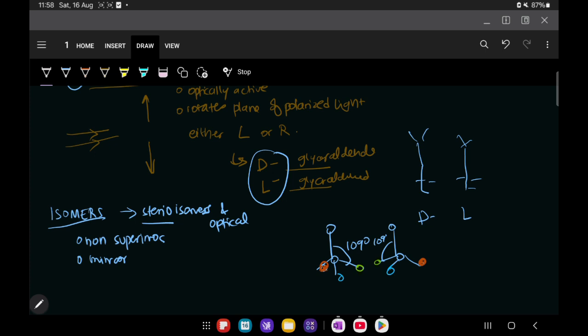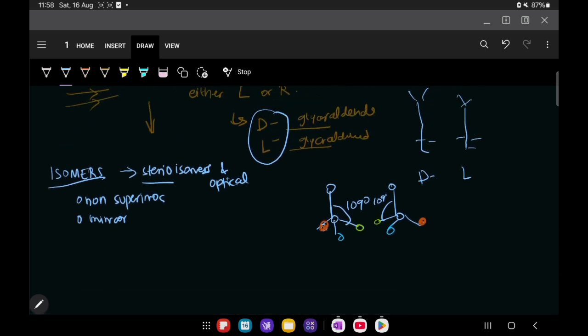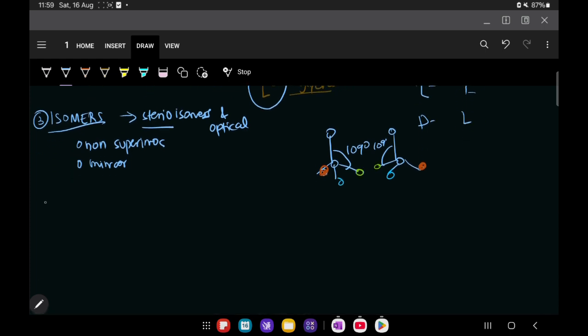Okay. The next term we're going to discuss is conformation. We've been saying this as well. So when we say conformation, we mean a configuration, a spatial arrangement of what?